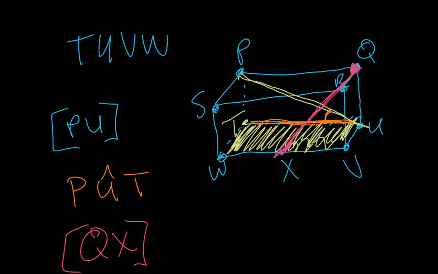To do that, we're going to have to go to U, so the projection is XU. The angle that's created is the one right here, which is QXU, and that's what it was asking for. So let's move on to the next one.